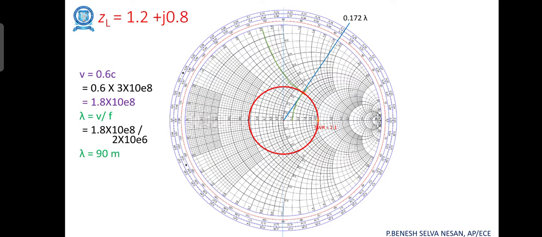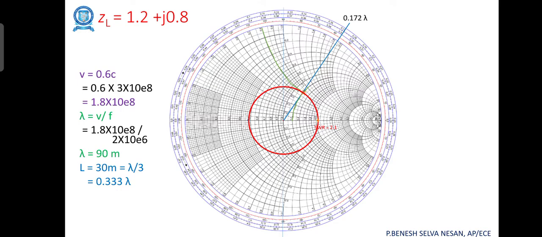We know the length of the line is 30 meter. Converting this in terms of lambda, L is equal to 30 meter, which is lambda by 3. In fraction we can write it as 0.333 lambda.